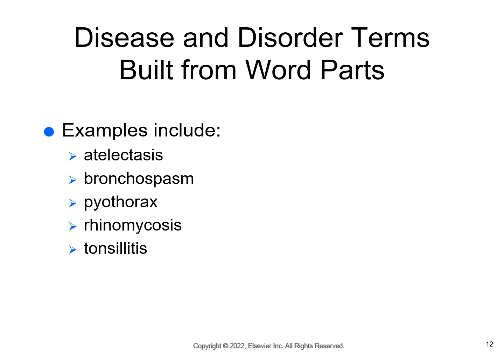Pyothorax. Thorax refers to chest and pyo refers to pus, so this is pus in the thorax. Rhinomycosis. Osis is an abnormal condition, rhino is nose, and myco is fungus, so this is an abnormal condition of a nose fungus, or fungus in the nose.